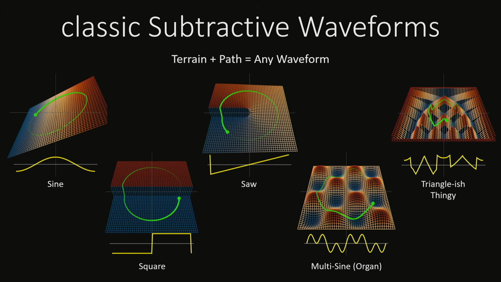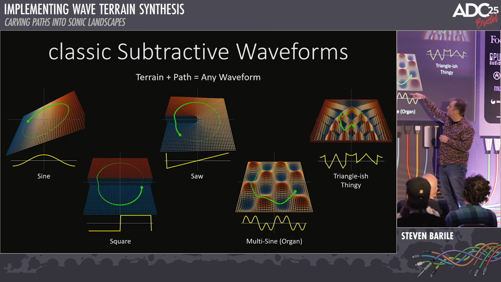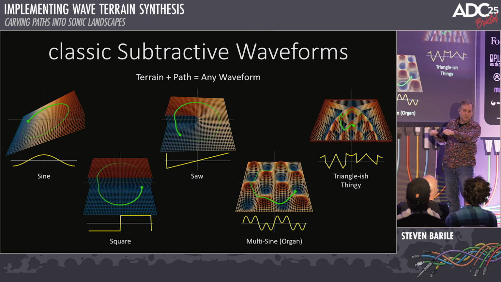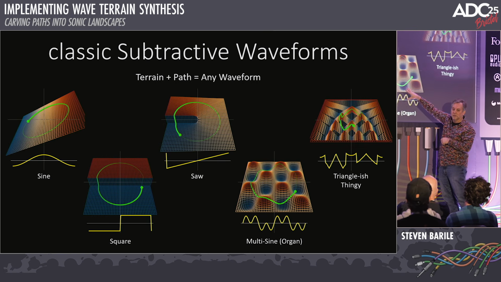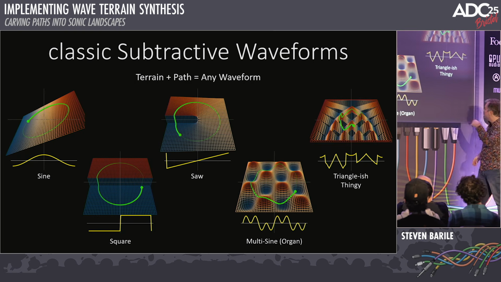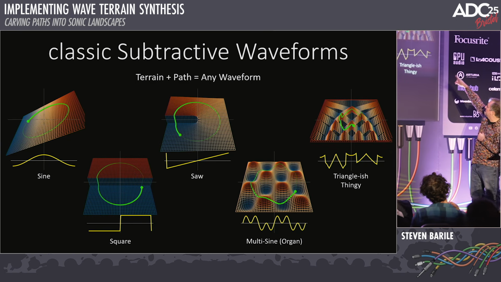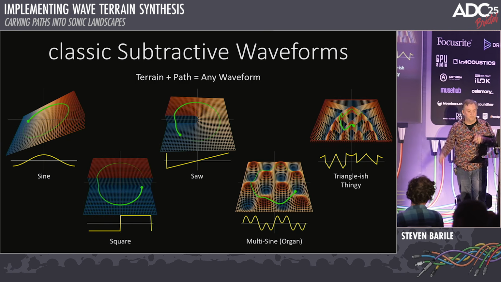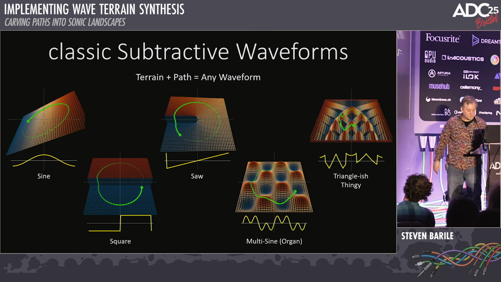This little corkscrew terrain gives you a saw. This thing gives you an organ with any stops you want, because as you move your path around on a terrain like this, you get all these sine waves that are additive. And then this just gives you some triangular shapes. It's kind of hard to know.